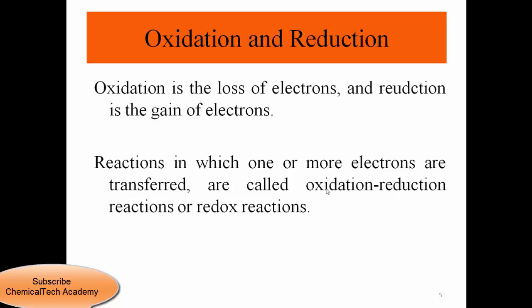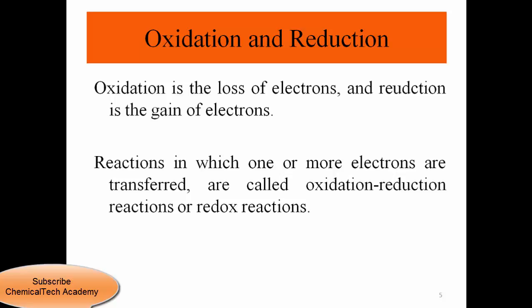So what does that mean, oxidation or reduction? So oxidation is the loss of electrons. So when any reactant loses electrons, we call it oxidation. On the other hand, reduction is the gain of electrons.